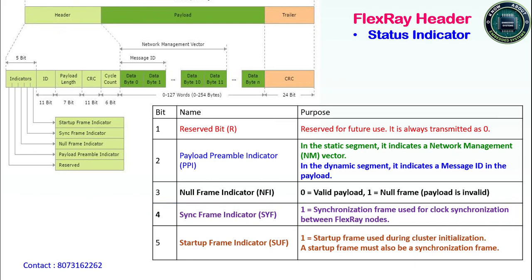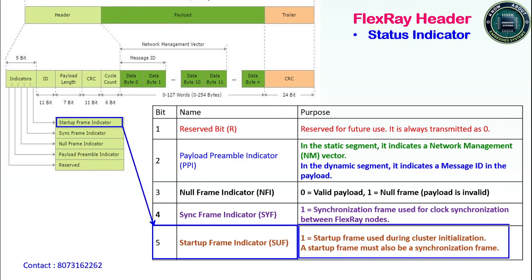Okay, next one, the startup frame indicator. Very straightforward definition. Whenever this bit is 1, the startup frame is used during the cluster initialization. A startup frame must also be a synchronization frame.